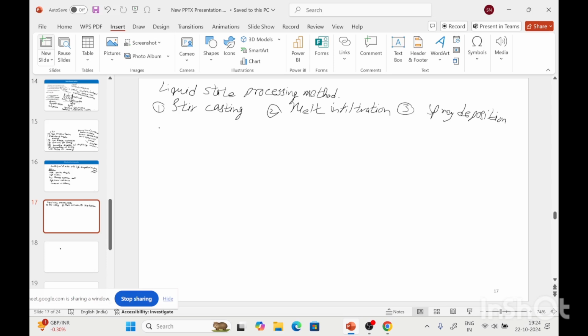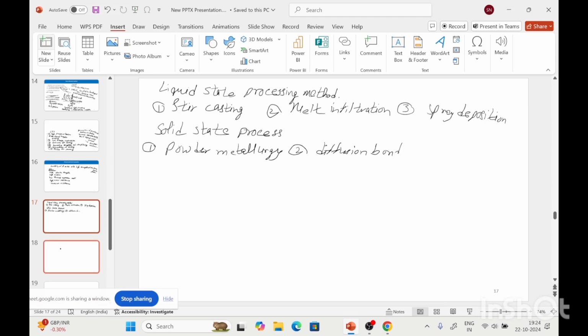In solid state processes, first is powder metallurgy, second is diffusion bonding, and third is the high energy high rate process.